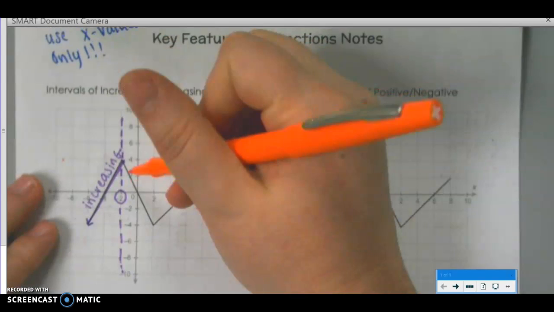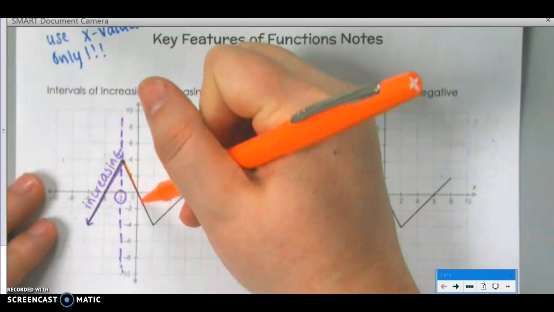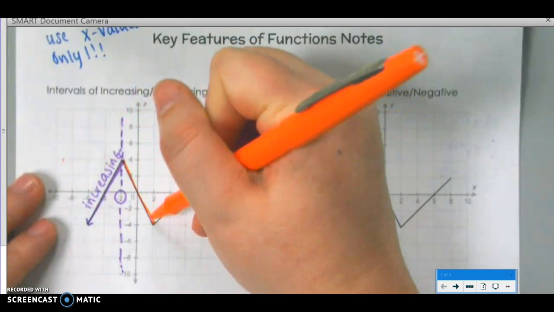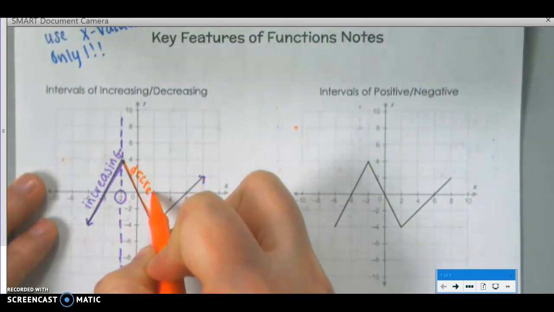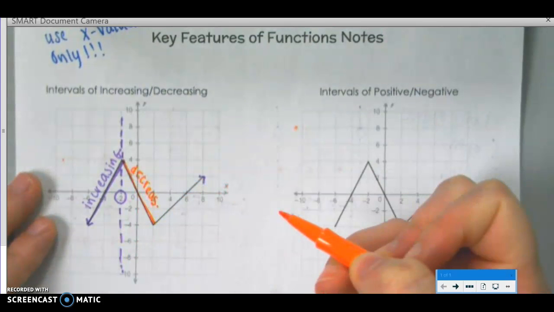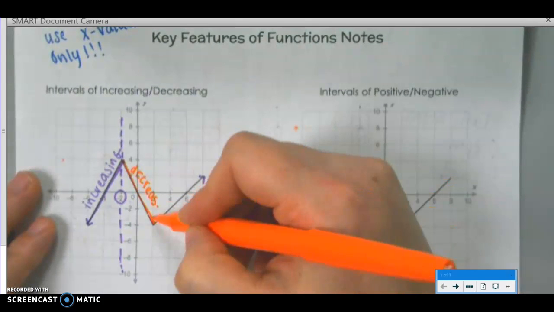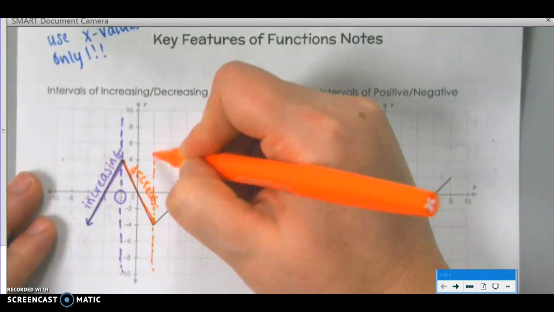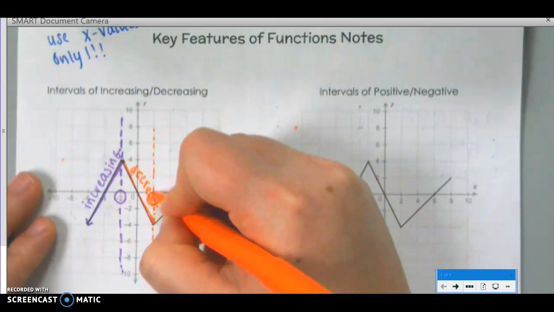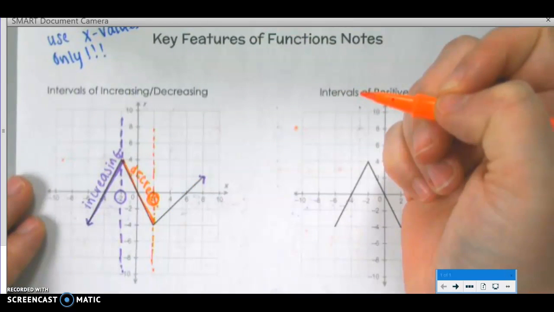All right, then I'm going to continue tracing the graph, and you can see now my pencil is moving down. So this part of the graph is decreasing. And if I look at where that x number is, that x number was +2. I kind of drew on top of it, but that's a +2.